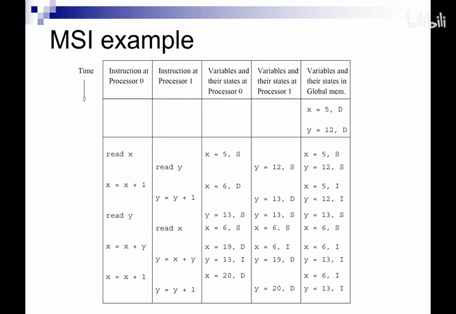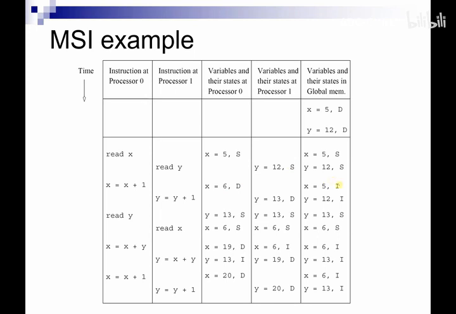Now suppose processor 0 tries to increment X. Then at processor 0, X will become 6, and furthermore, X is going to go into the dirty or modified state. Remember that the D state is the same as the modified state. However, in main memory, the value of X is still 5, so this value is invalid.